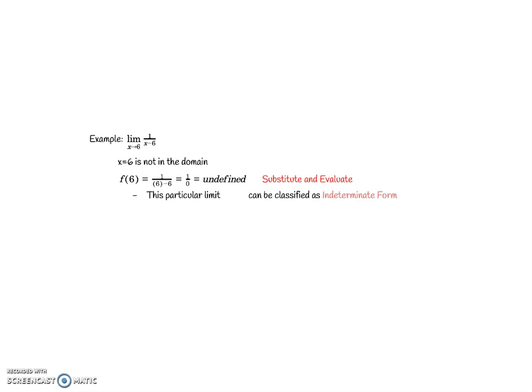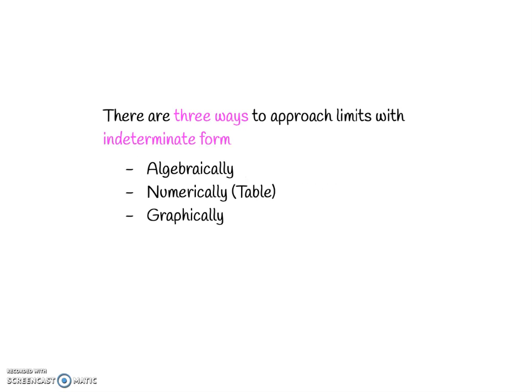Last time we looked into the form called indeterminate form, where when you directly substitute the value that the limit is approaching into the function, you get an undefined answer. And we learned there are 3 ways to approach limits with indeterminate form. You can approach it algebraically, numerically, or graphically.